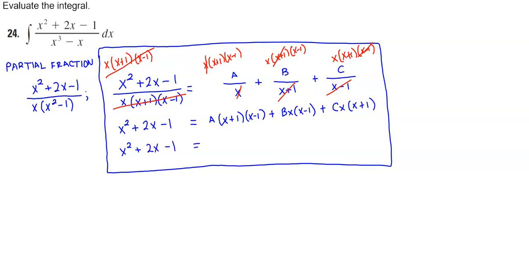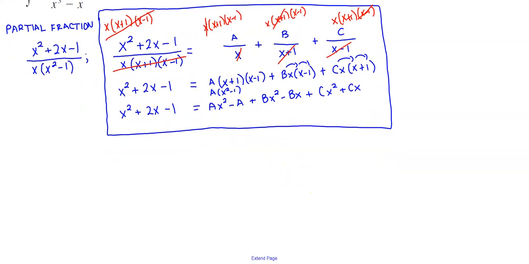Over here, we're going to have the difference of squares. So this is A times x squared minus 1, which is the same thing as Ax squared minus A. Over here, we're going to distribute the Bx to both of those terms. So we have Bx squared minus Bx, plus multiply the Cx squared plus Cx.